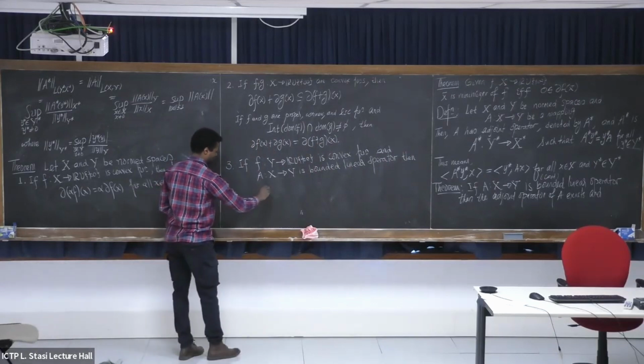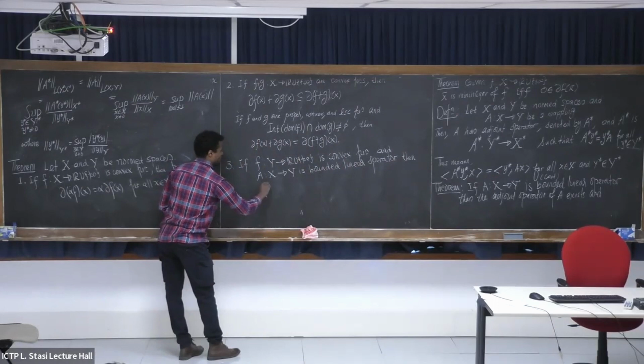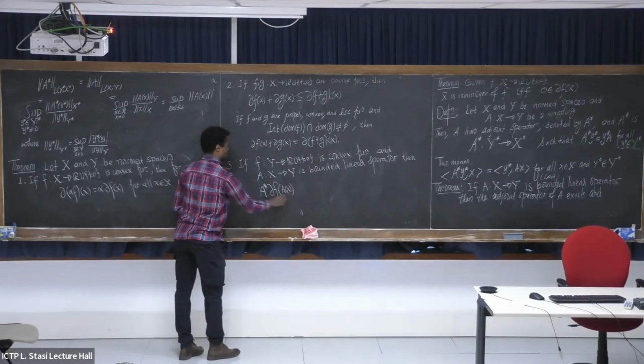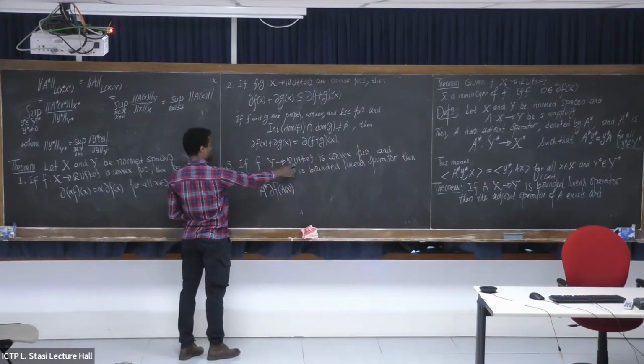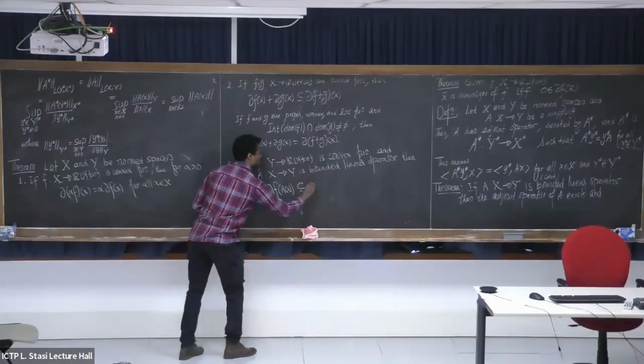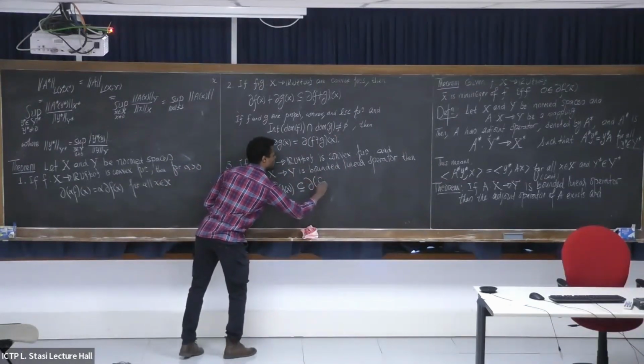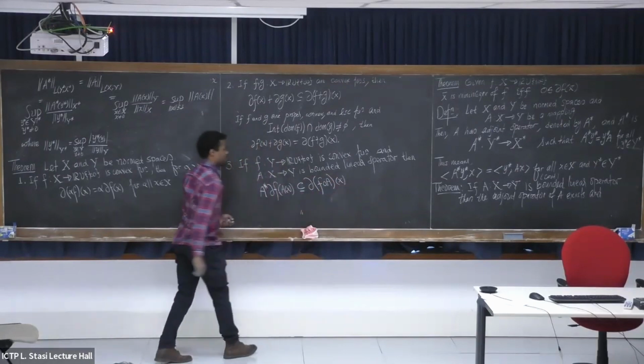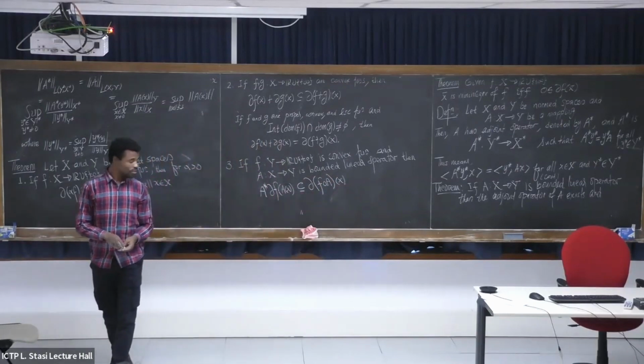A star of the subdifferential of f at Ax is a subset of the subdifferential of the composite f composed with A at x. This holds.